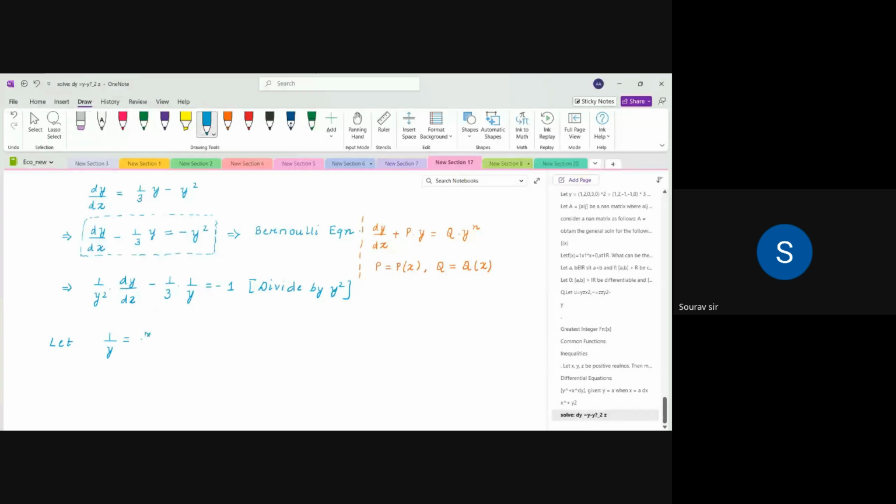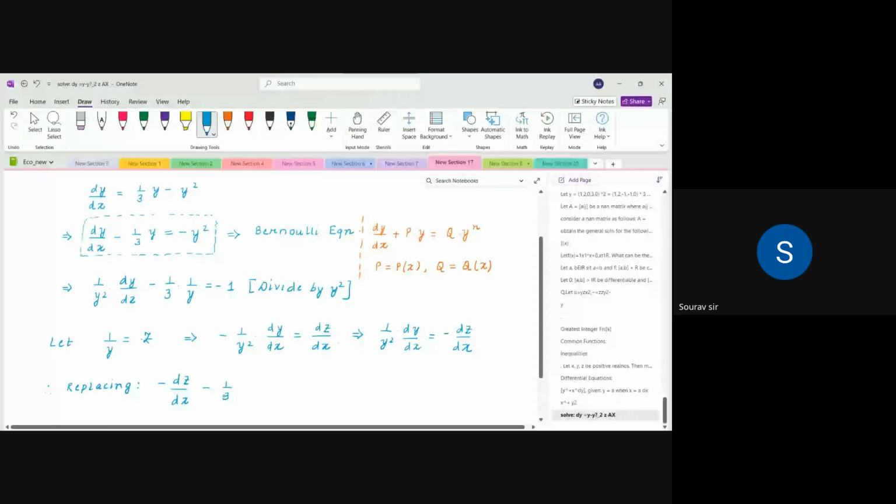So that means minus of 1 upon y square dy by dx is equal to dz by dx, correct? So your 1 upon y square dy by dx is equal to minus dz by dx, right?